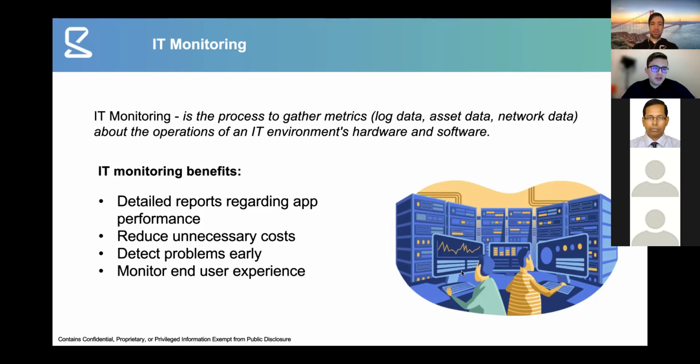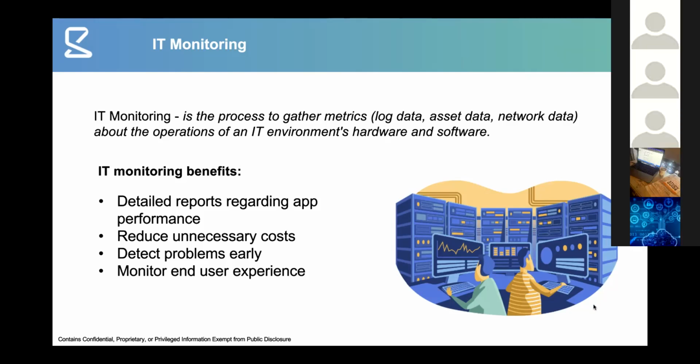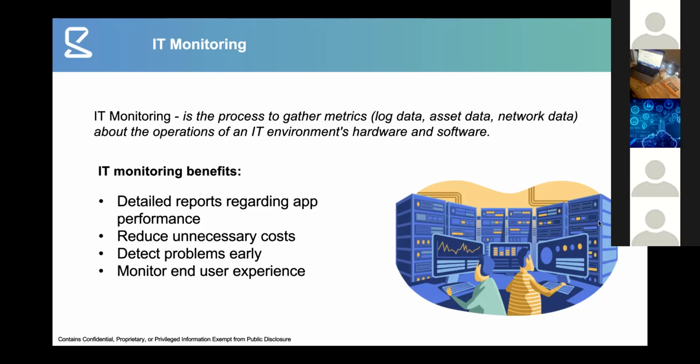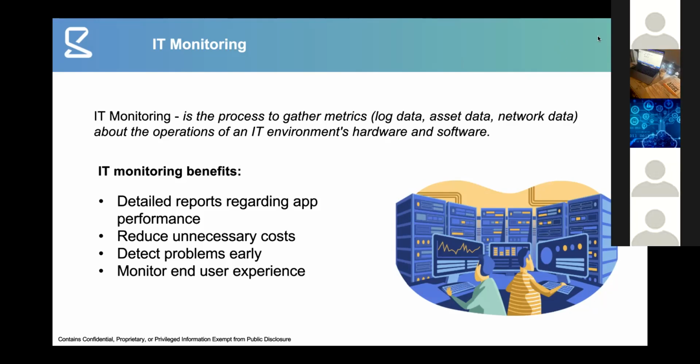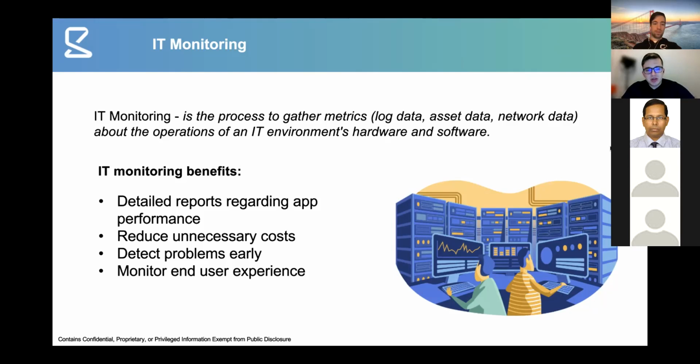IT monitoring has several benefits when it's implemented properly. It can help you generate detailed reports regarding your application performance. It can help you reduce unnecessary costs by detecting problems early. For example, on the cloud, usually the auto-scaling services monitor your infrastructure.